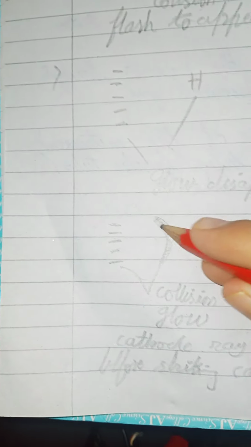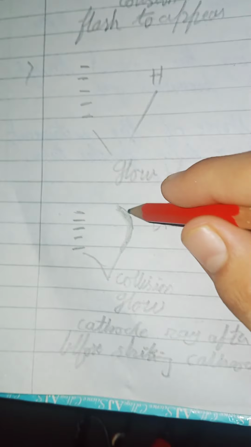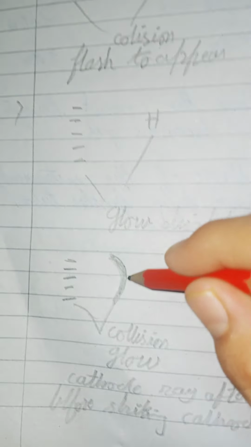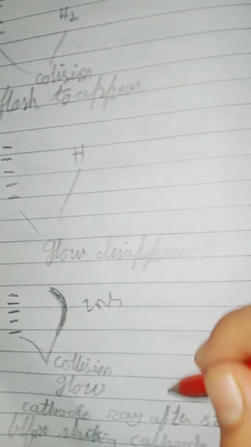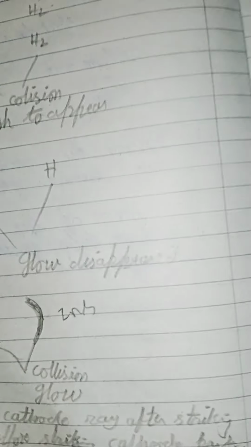After that, when he moved electrons, there was this zinc sulfide, Z and S. The negative particles were moving to the zinc sulfide and colliding. Because of that collision, there was a glowing effect, like a flash appearing inside the zinc sulfide.